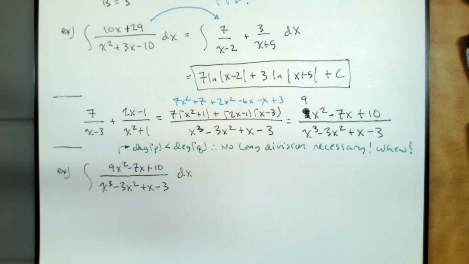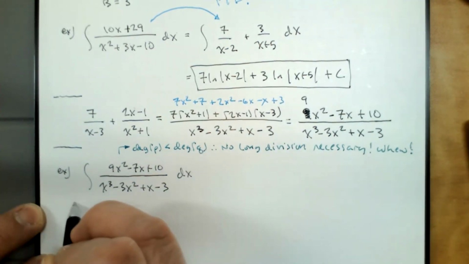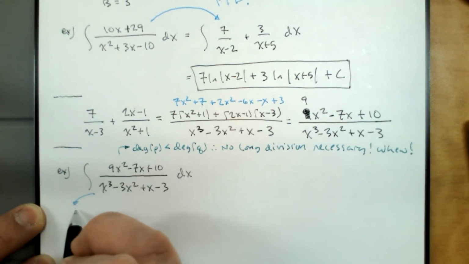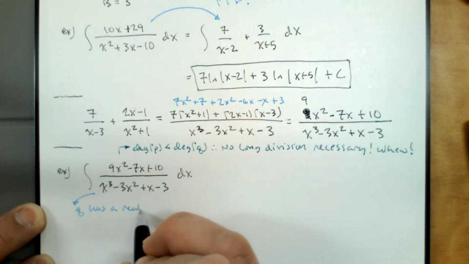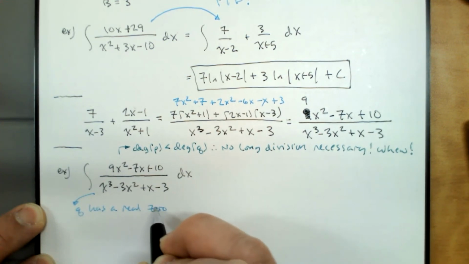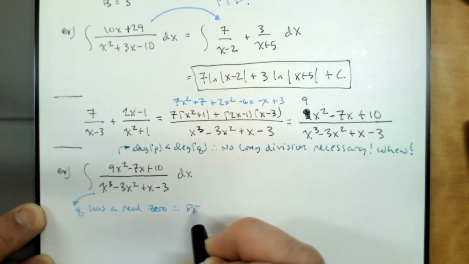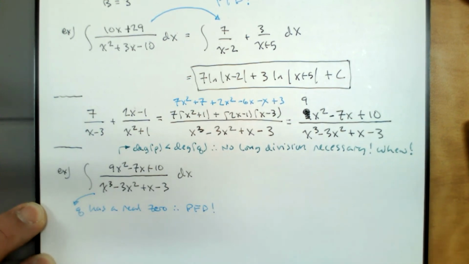That's what tells us to do partial fraction decomposition. Since the denominator has a real zero, that means we're going to do partial fraction decomposition.